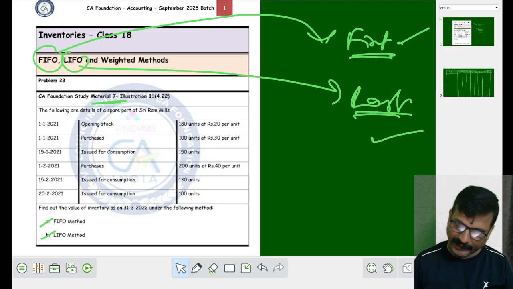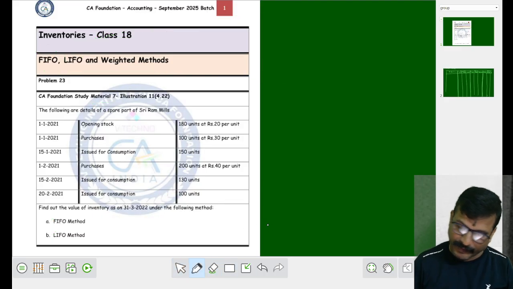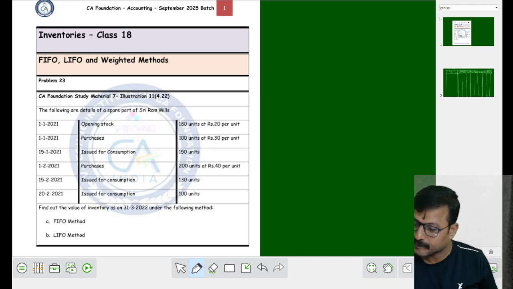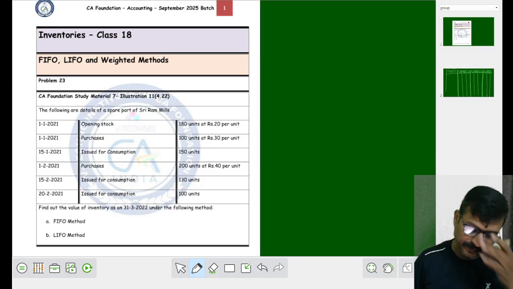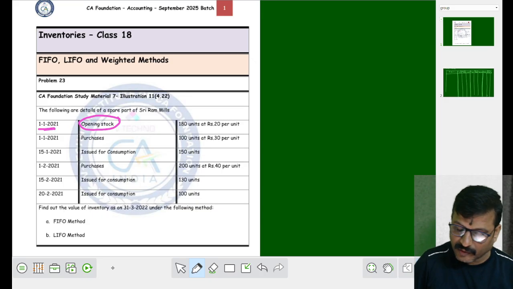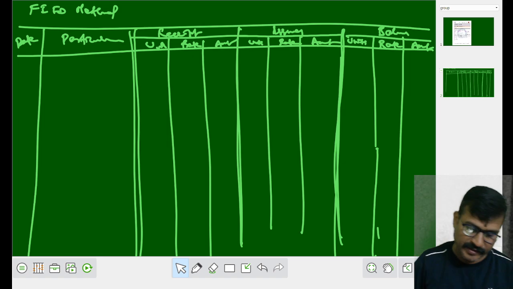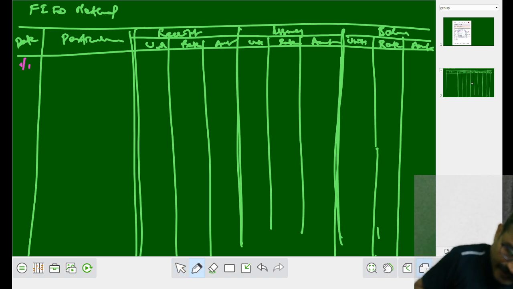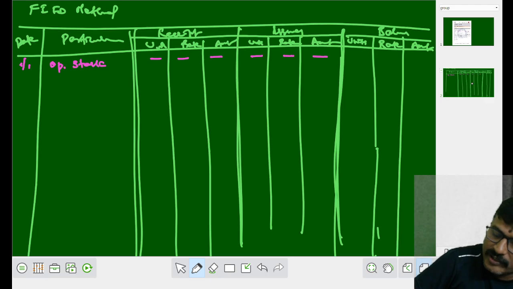See what happens in the transaction. All of you be careful, my dear students. On January 1st, there is an opening stock of 180 units at the rate of 20 per unit. Dash in the receipt column, dash in the issues column.